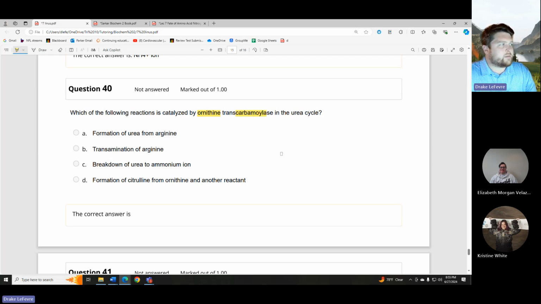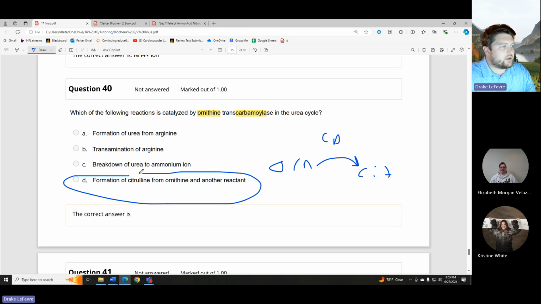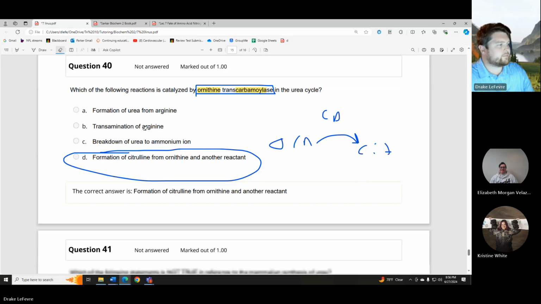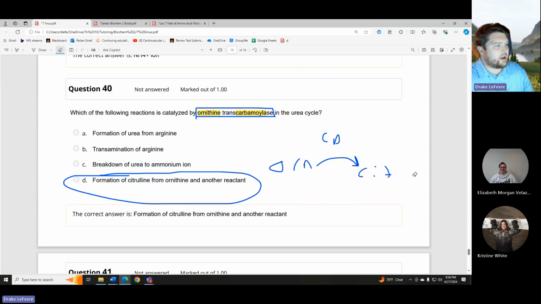That reaction is occurring when we go from ornithine to citrulline with the carbamoyl phosphate. So the formation of the citrulline from ornithine, another reactant. I knew there was an enzyme. I don't know why the charts and the graphs in the book didn't show it right away. The ornithine transcarbamylase is that ornithine to citrulline.